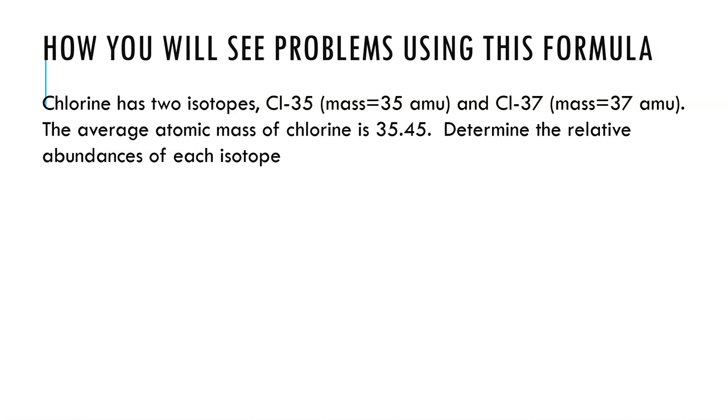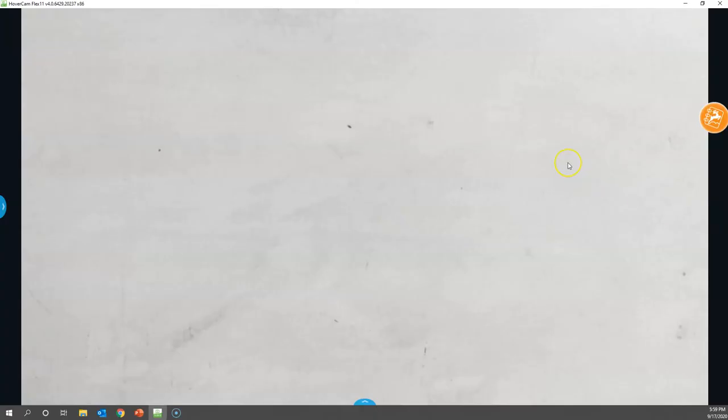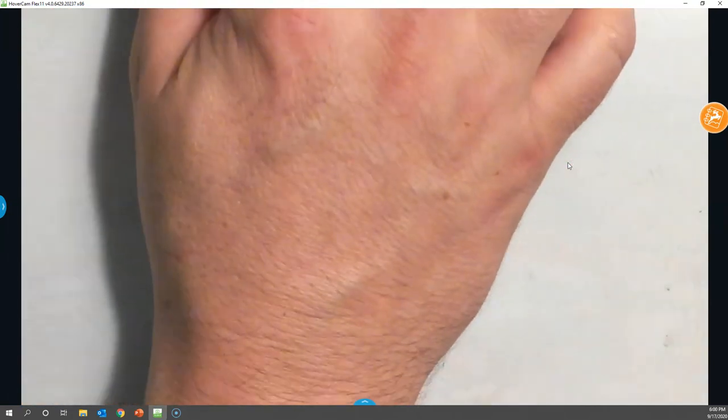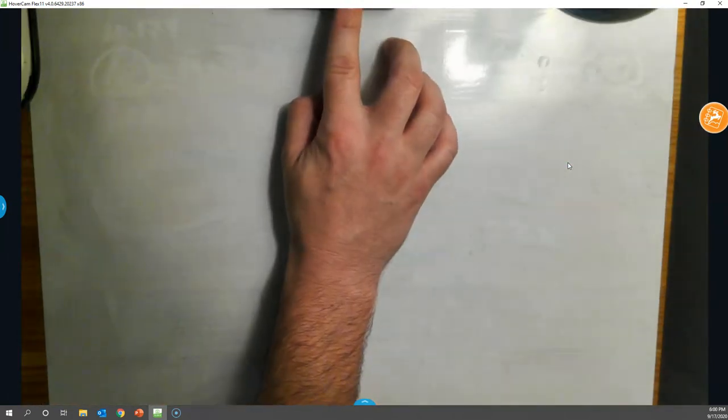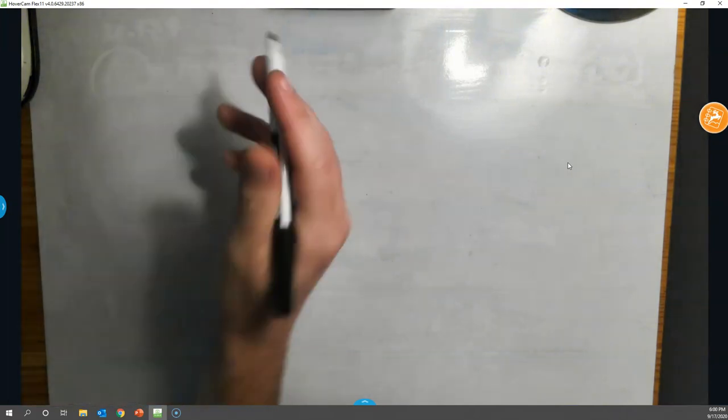So to solve these problems, we need to create what's known as a system of equations. And all of you actually did this in Algebra 1. So this should ring a couple of bells. First thing I'm going to do is write the formula we'll be using.